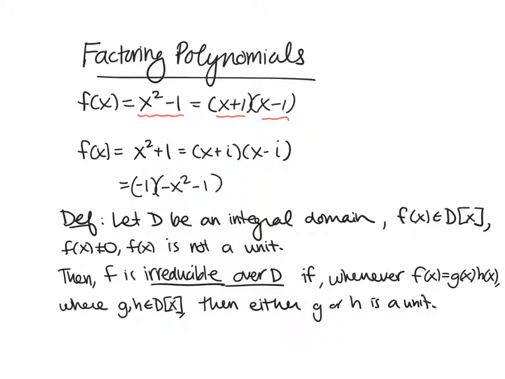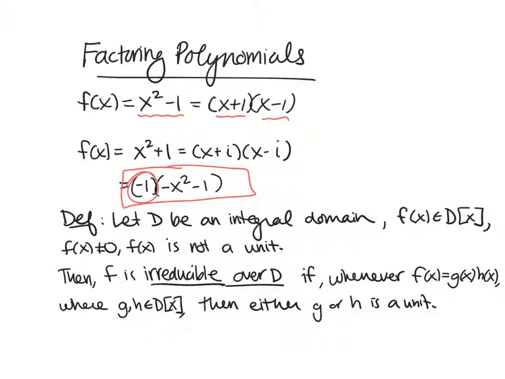if the only way you can factor f is if one of those factors is a unit, so like, for example, the only way we could factor x squared plus 1 over the integers is, well, negative 1 times negative x squared minus 1, but negative 1 is a unit.